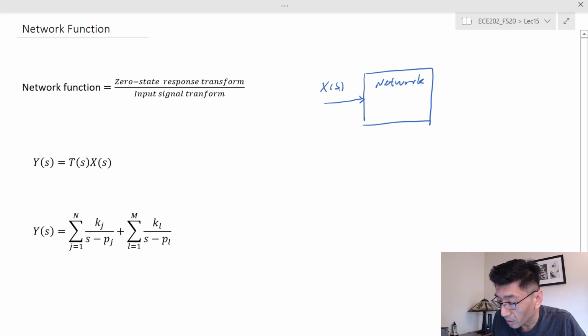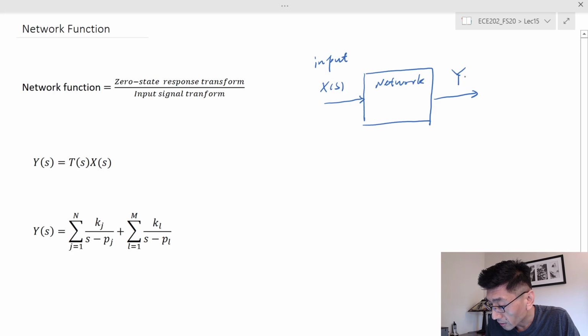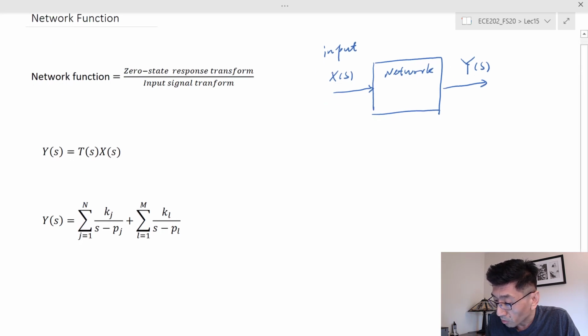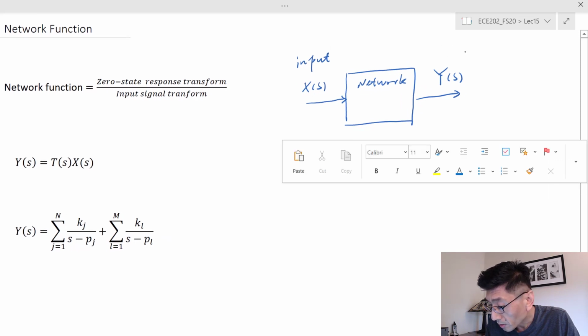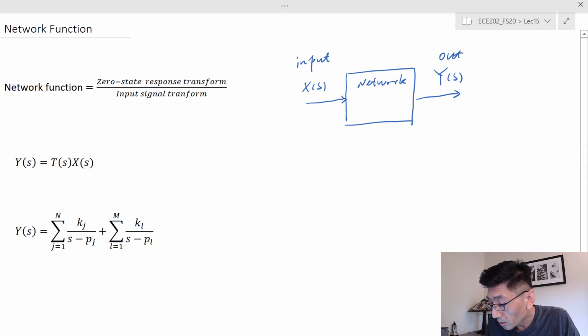We call the input in the S domain, or the input transform, X(s), and you have some output or the response, in the S domain, the transform of that response waveform, and that's Y(s). This is the output, or the response.